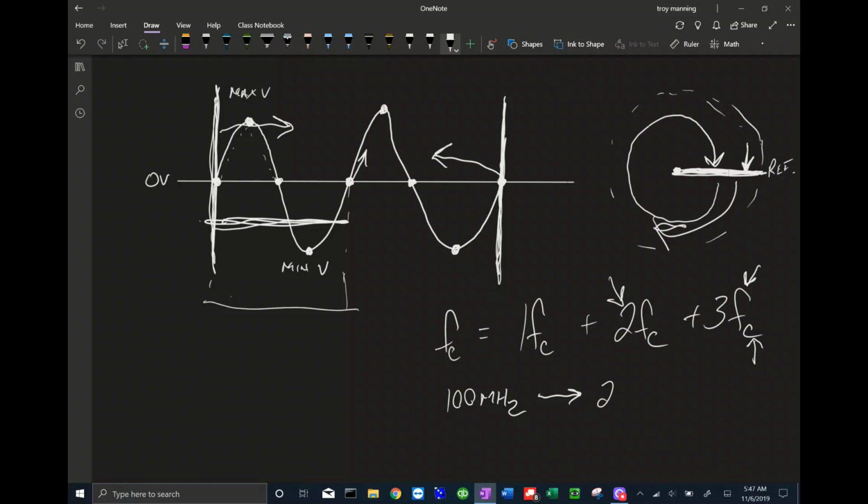So we'll have a 200 megahertz signal that we produce unintentionally, and it's going to be a lot lower in amplitude than our carrier signal, right?